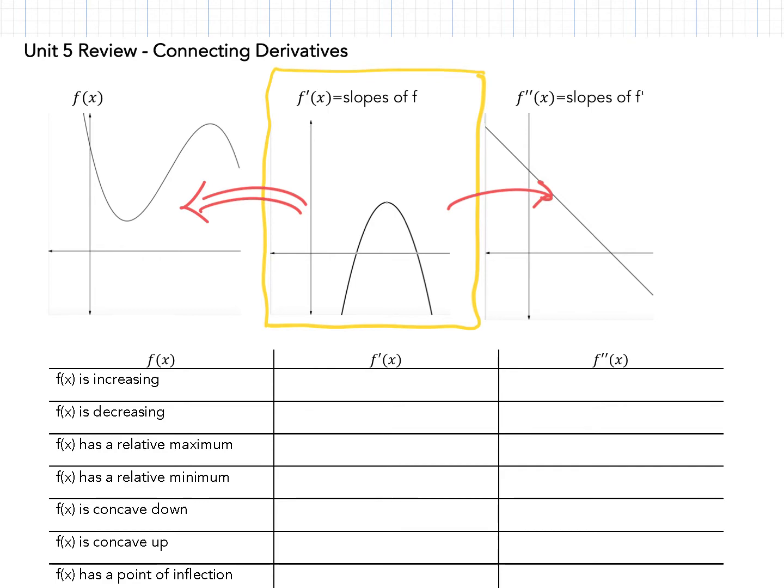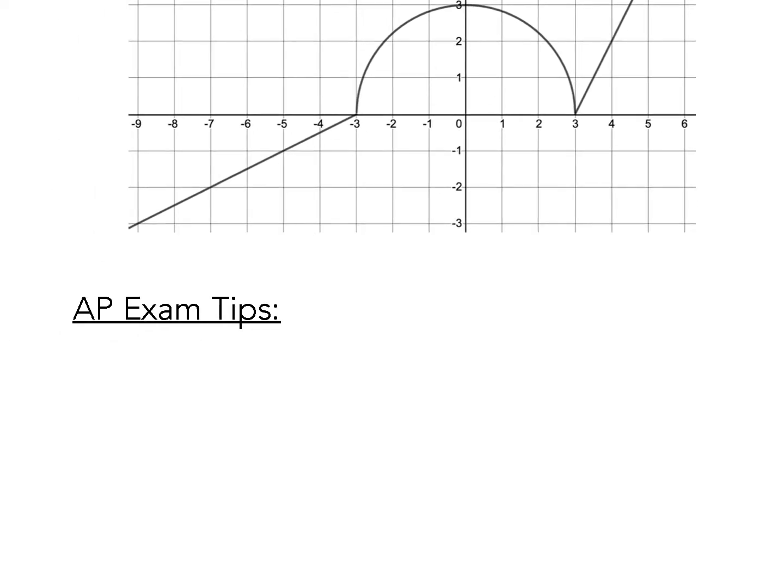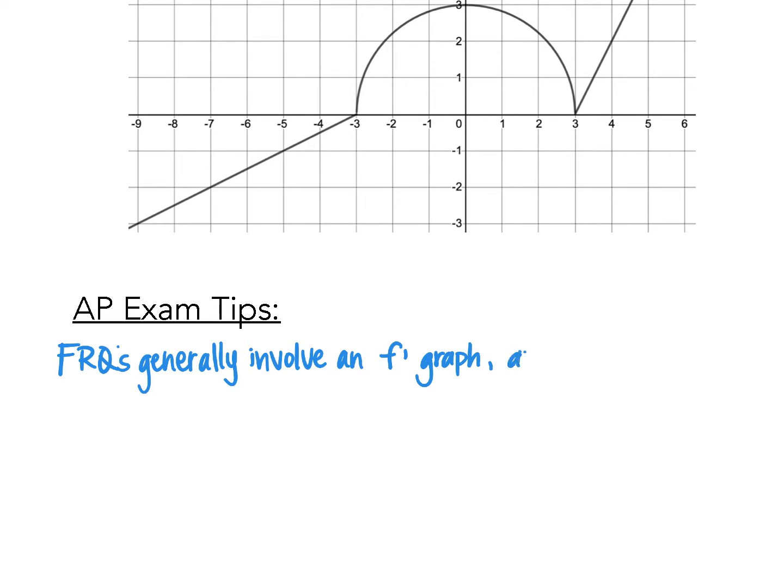So go down on your notes. That's going to be your first AP exam tip for this unit, that FRQs generally involve an F prime graph, and you as a student are asked to reason both forwards and backwards.